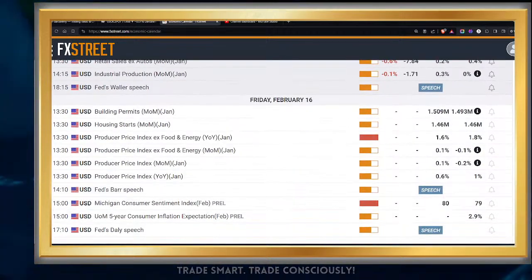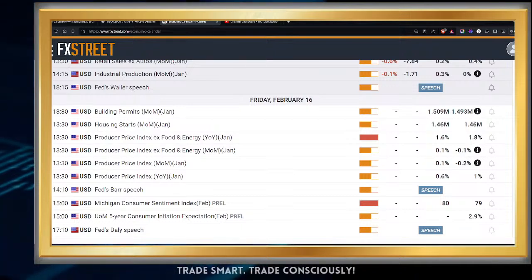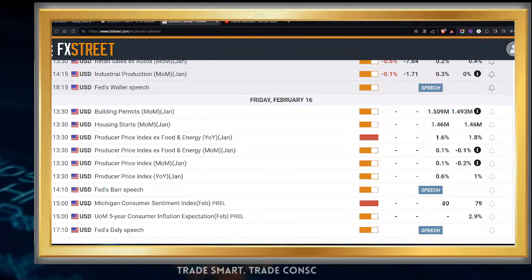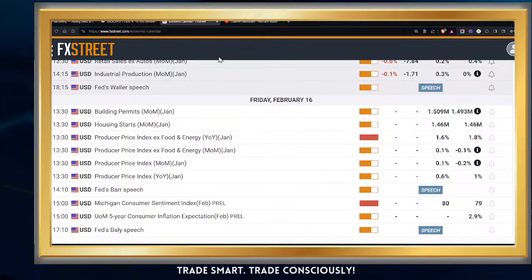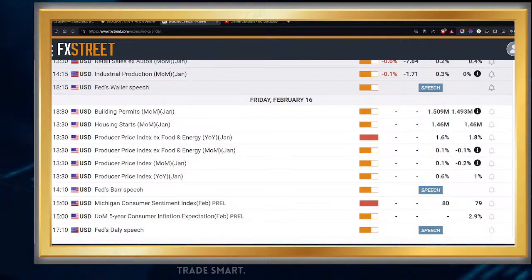Now, today, Friday, February 16th, we have two high impact events that we will be looking forward to. One of them is the producer price index, which is coming in about 4-5 hours from now. This data measures the average change over time in the selling prices received by domestic producers.